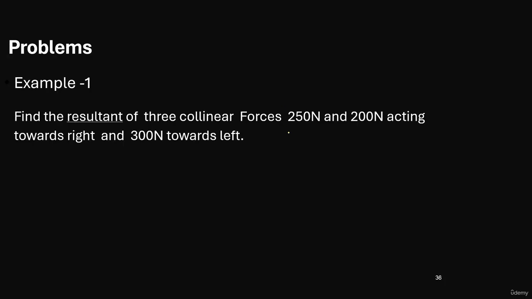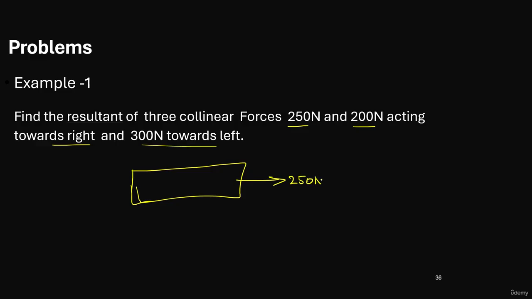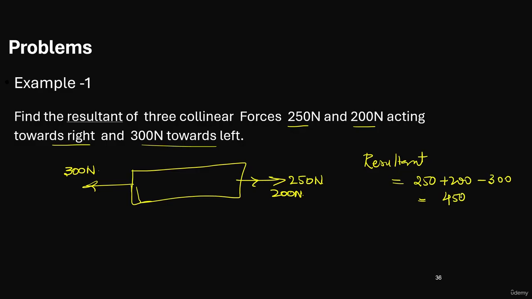Let's say that 250 Newton and 200 Newton are acting towards the right side, and 300 Newton is acting towards the left side on a block. The resultant is the summation of the forces in the x direction: 250 plus 200 minus 300, that is 450 minus 300, equal to 150 Newton. So the resultant is 150 Newton.